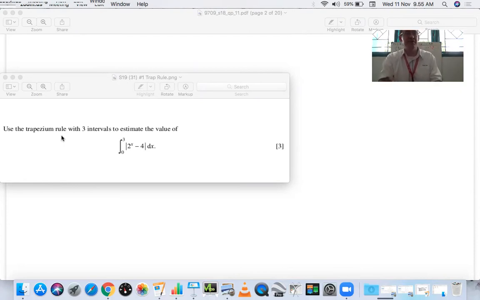Use the trapezium rule with 3 intervals to estimate the value of the integral of 0 to 3 of this function, the absolute value of 2 to the x minus 4 dx, and it's worth 3 points, so it should only take you maybe about 4 minutes, 5 at the most to do this.